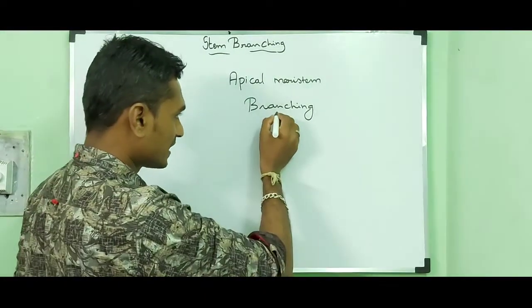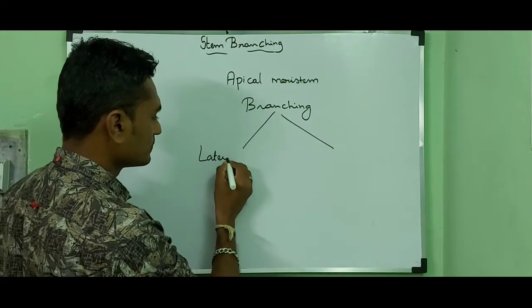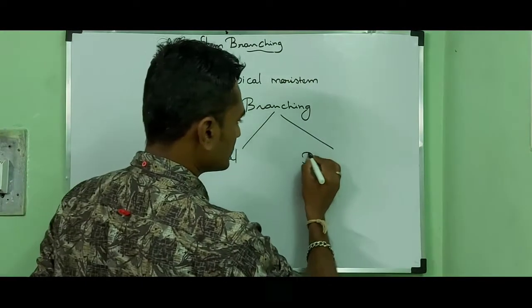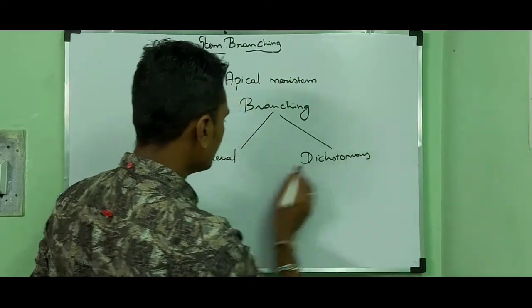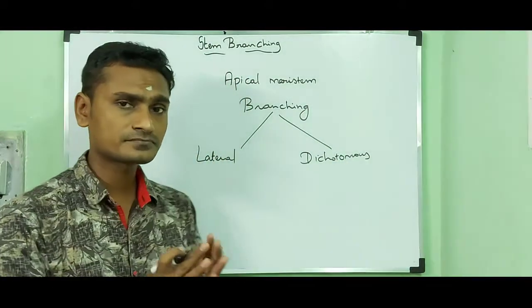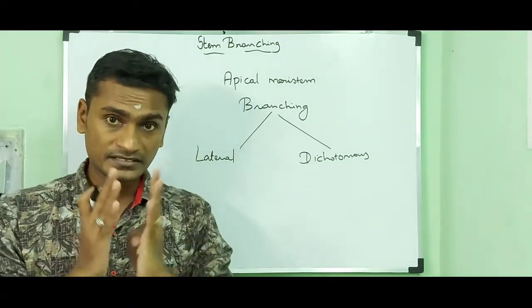Then branching can be divided into two types. They are lateral branching, then dichotomous branching. Lateral branching means the tree contains the main trunk.